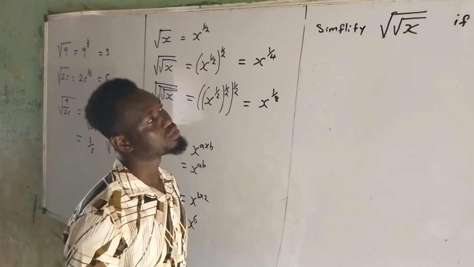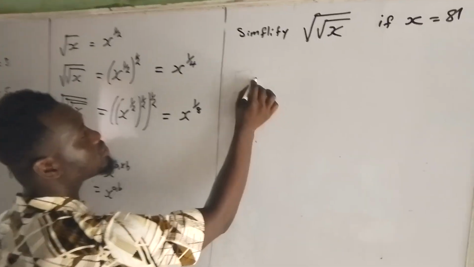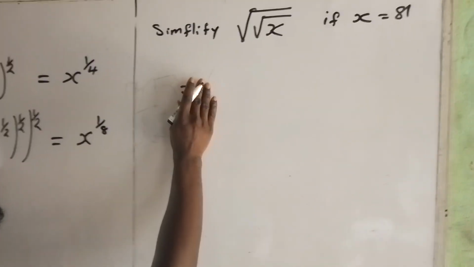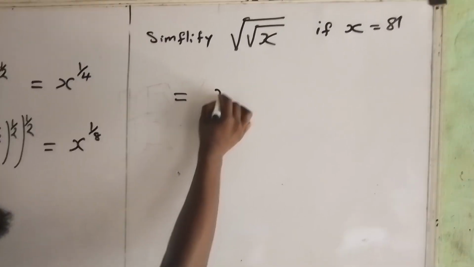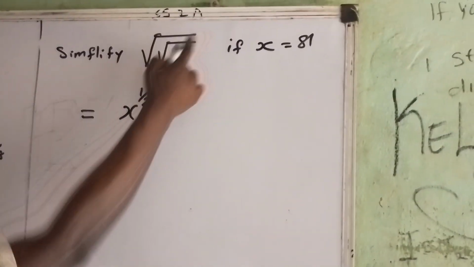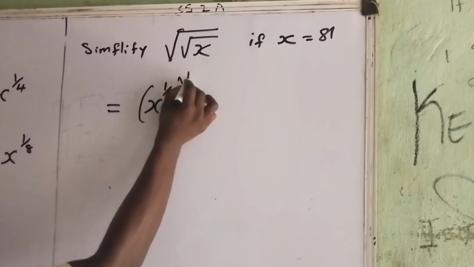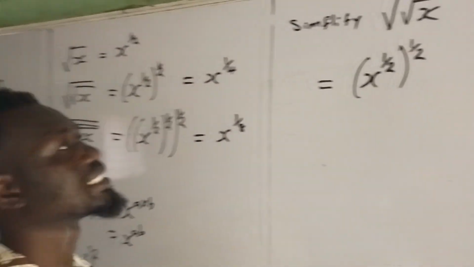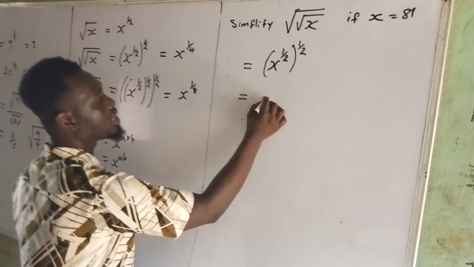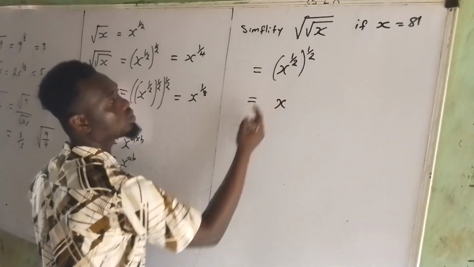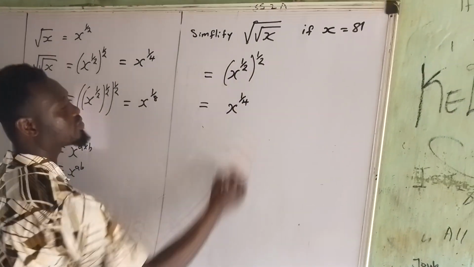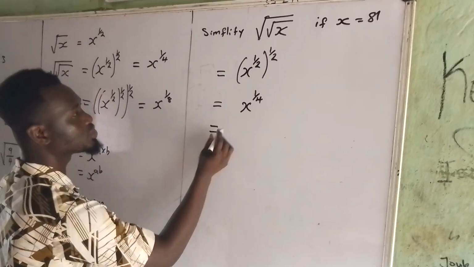So this is very simple, okay? Because by what we have learned, we already know that the square root of x can be written as x raised to power 1 over 2, right? Yes. Then the second square root is also raised to power 1 over 2, right? Yes. So this is equal to x raised to power 1 times 1 is what? 1. 2 times 2 is what? 4. Okay?